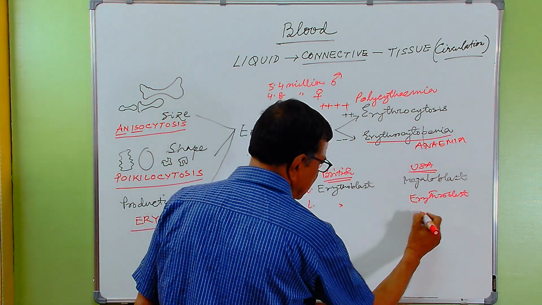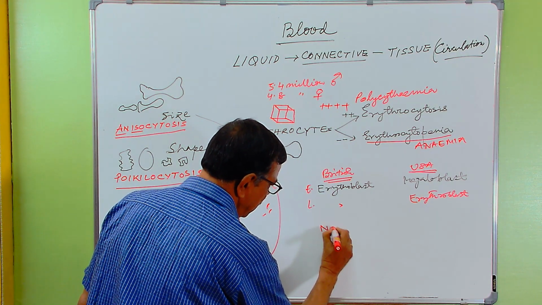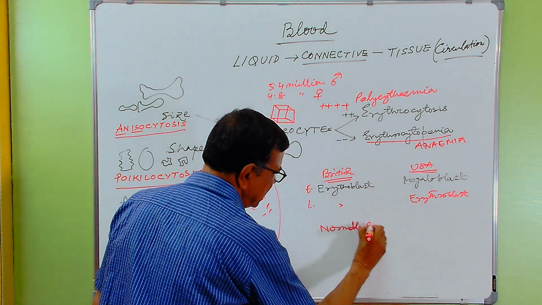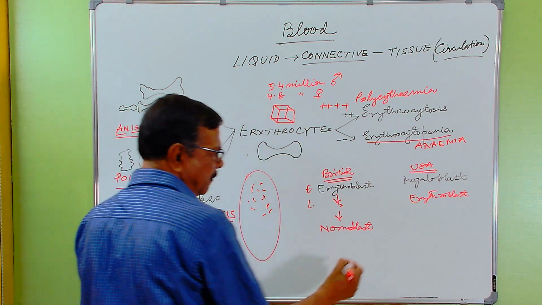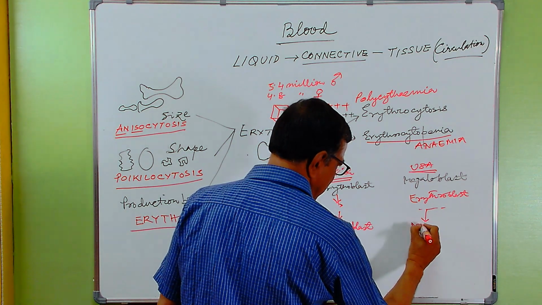Then both of them come and say normoblast. These are not that much important, but these are the procedure or the production process. They have come to a conclusion: yes, it is normoblast.